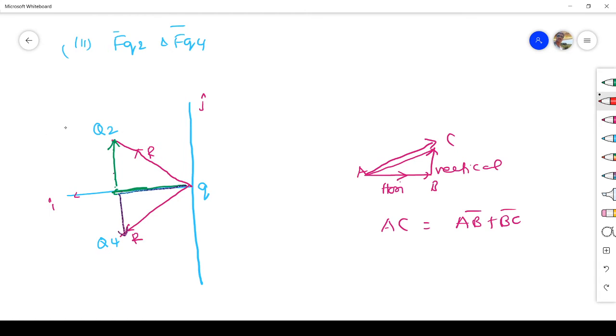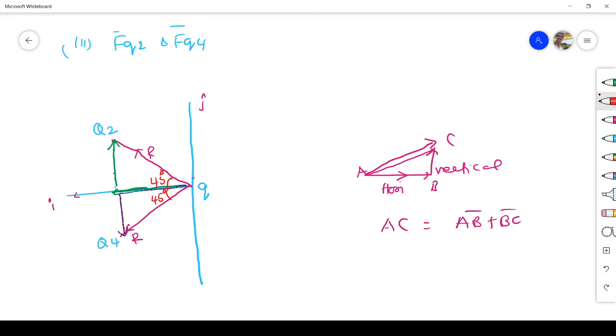So what is the angle? This is at the center. So this angle is 45 degrees because this is exactly at the center between Q1 and Q3. So total is 90 degrees, half is 45. Similarly, this is at the center of Q3 and Q5. So this angle is 45 degrees. Clear? Okay.